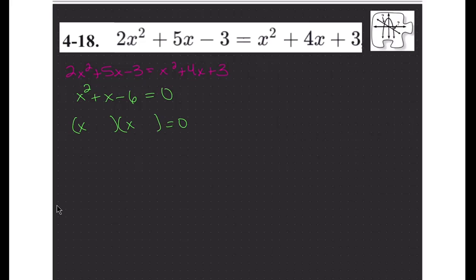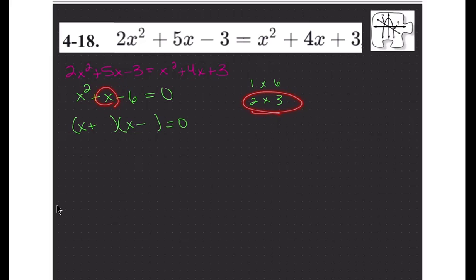X and X. A times C is going to give us a negative number. So since it's negative, we know we got to have a positive and a negative. I got to multiply to get to 6. So that's either going to be what? 1 times 6, 2 times 3. I got to get the difference of 1. So I know I'm going to use my 2 and my 3.